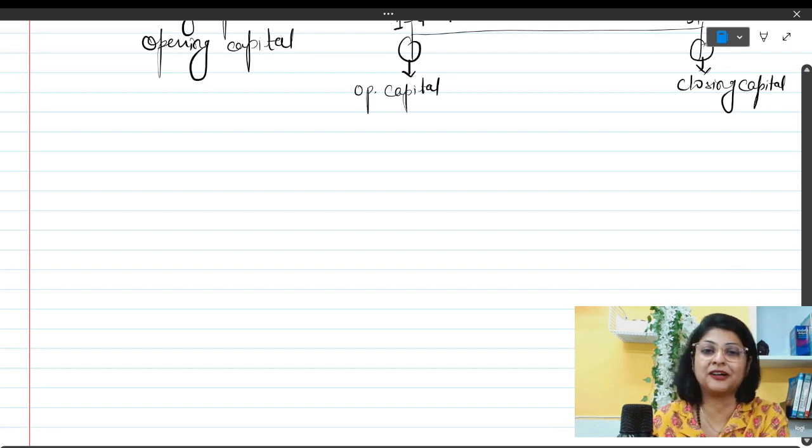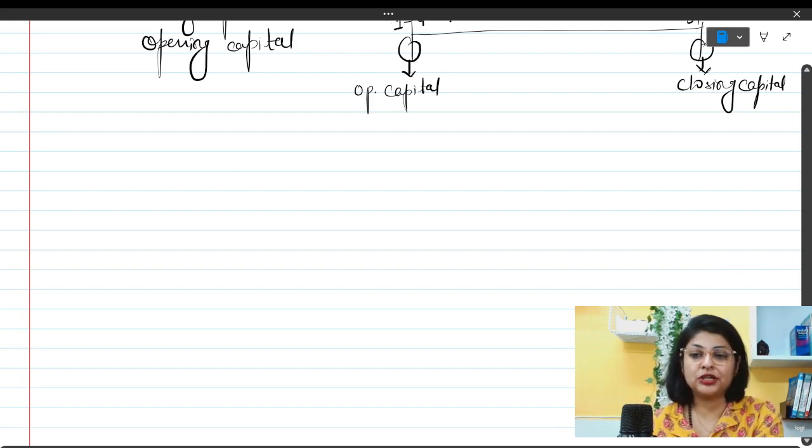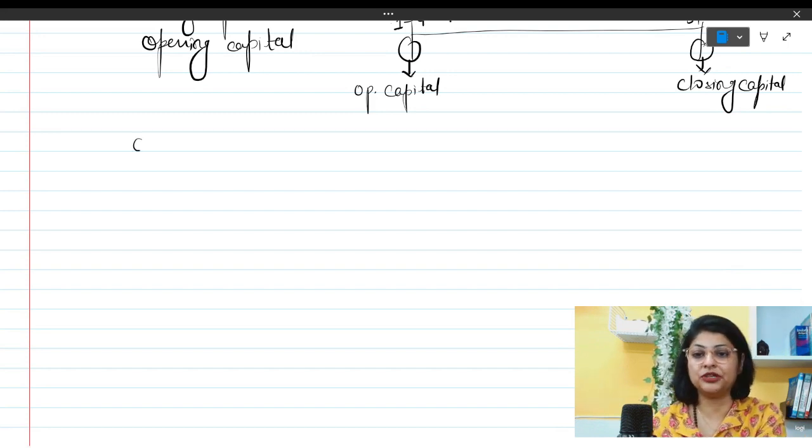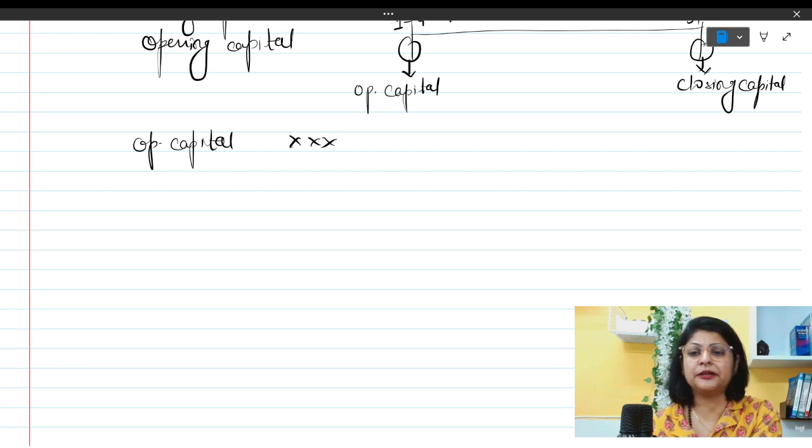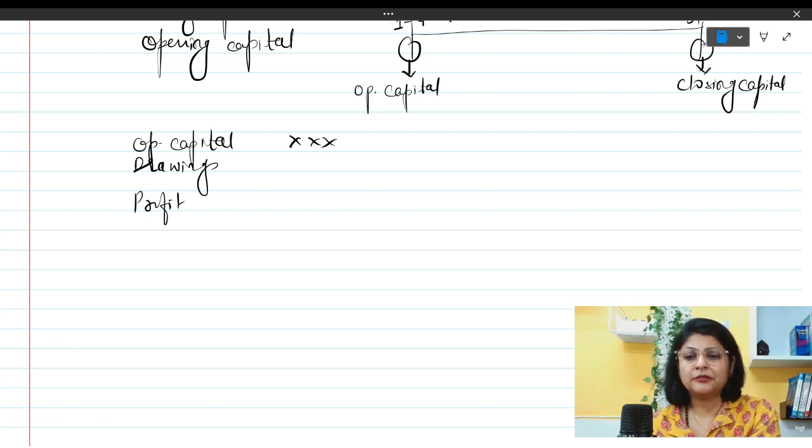What is forward working? Understand that if the question has given you this set of information, they have given you X amount of opening capital, and then they have given you drawings, then they have given you profit for the year, they have given you some expenses, and then they're asking you what is closing capital.